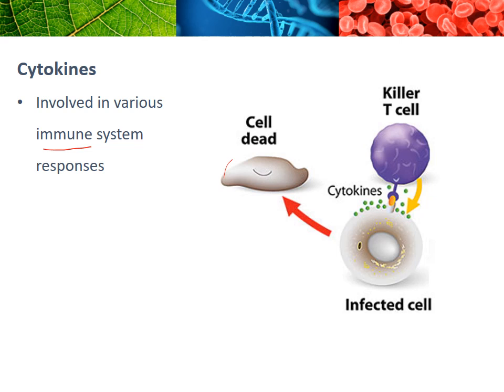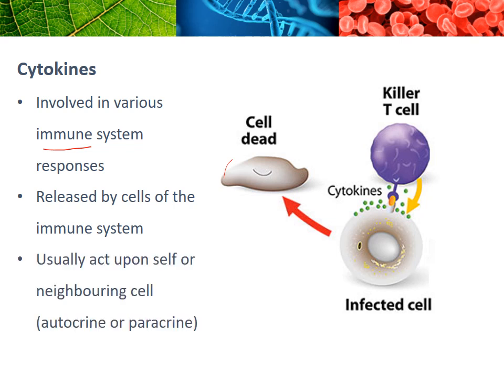Very similar name, but these are cytokines. They're released by cells of the immune system, and they usually act either upon themselves, so they work within one cell, or on a neighboring cell. So they're usually autocrine or paracrine.